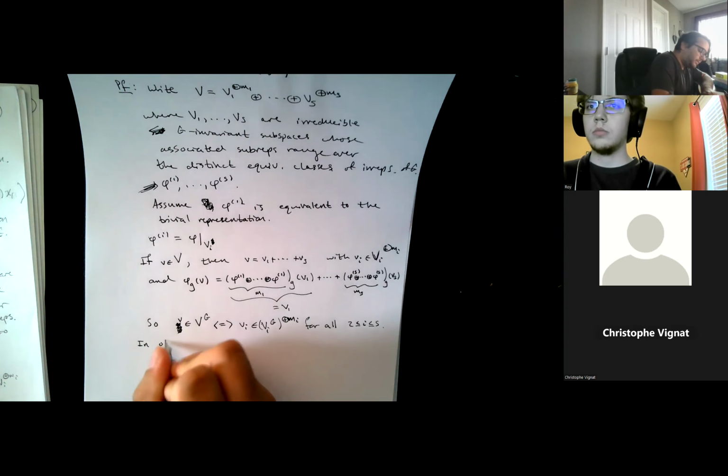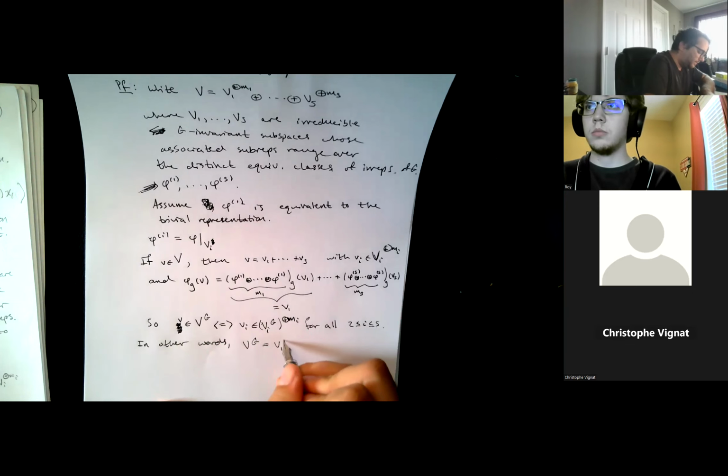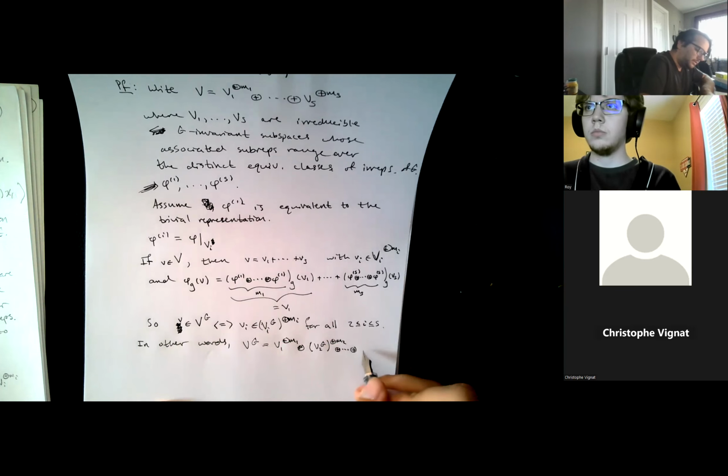So in other words, VG will be equal to V1G direct sum M1 times, plus V2G direct sum M2 times, and we keep going up to VSG direct sum MS times.